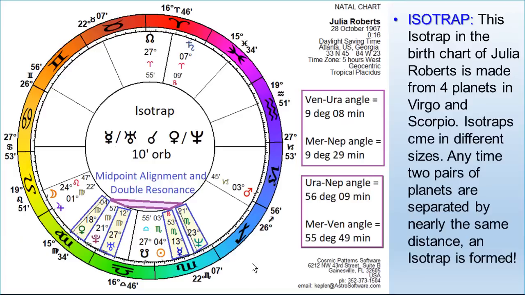I'm giving you an idea of how the interpretation works. These planets are connected together, and isotraps tend to be, you could say, positive. They tend to get something done. They tend to achieve something, but they're also not highly focused. They give a tone quality, a strong tone quality, but it's hard to predict the specific behavior.